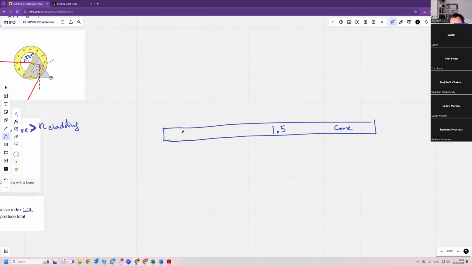So the critical angle for the core is going to be arc sine of 1 over 1.5, which is about 42 degrees. So if a light ray falls at 42 degrees or more, it will reflect.